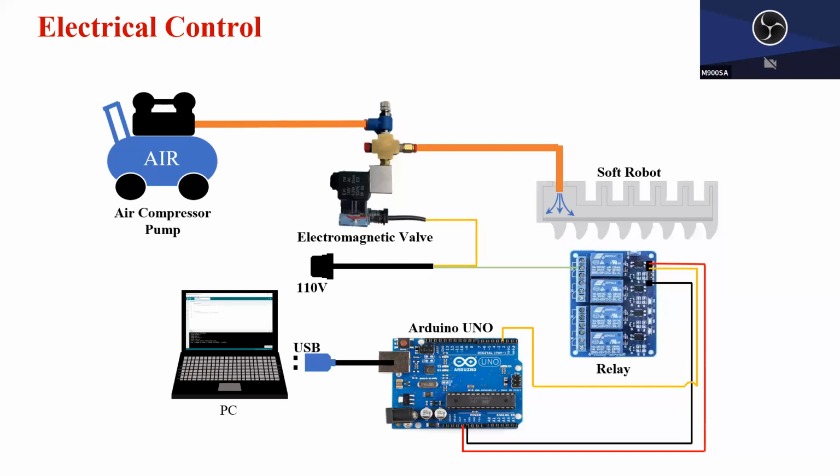One will be connected to our power supply, which is 110 volts, and the other wire will be connected to the relay. From the relay, you can connect to the Arduino board. You can use USB to connect with your PC, or we also give you batteries, so you can use a battery to power the Arduino.